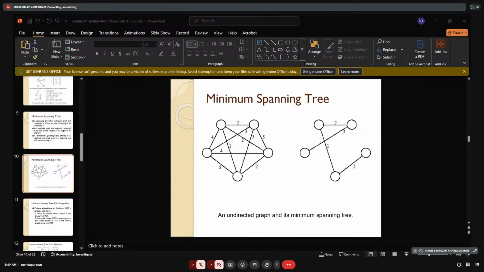So anyway, there are a lot of real world examples for MST. Electric grids, meaning wiring a house or a city with the least amount of wire. Computer networks, connecting servers efficiently. Cluster analysis, grouping similar data points in machine learning.